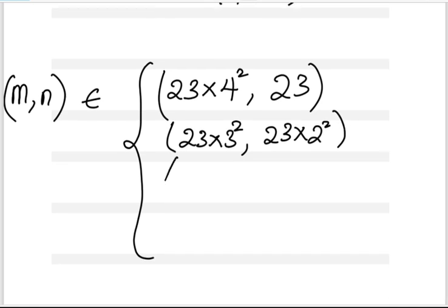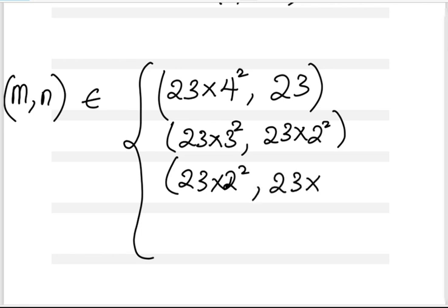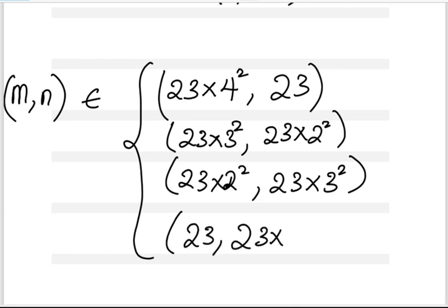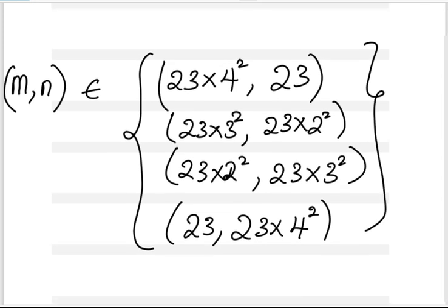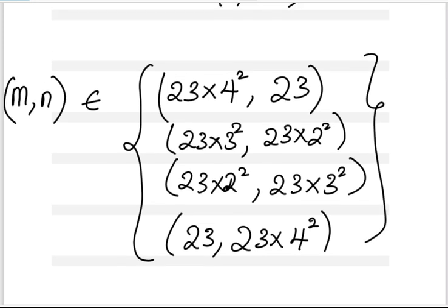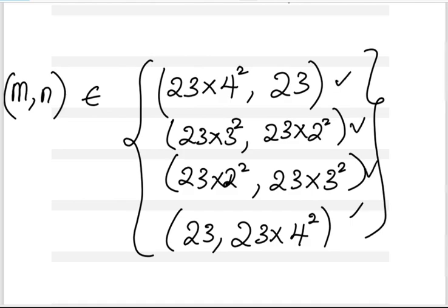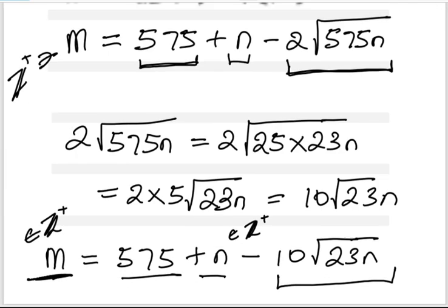Next will be 23 times 2 squared comma 23 times 3 squared. And last but not the least, 23 comma 23 times 4 squared. And this is the solution set for our m and n. So each of the solutions is going to solve our problem.